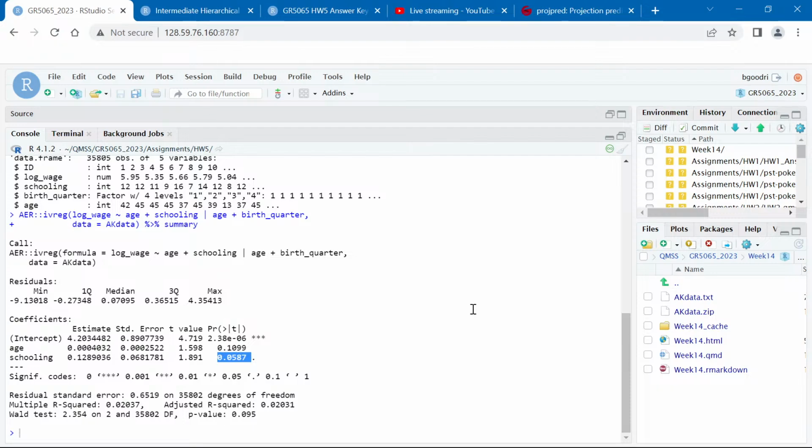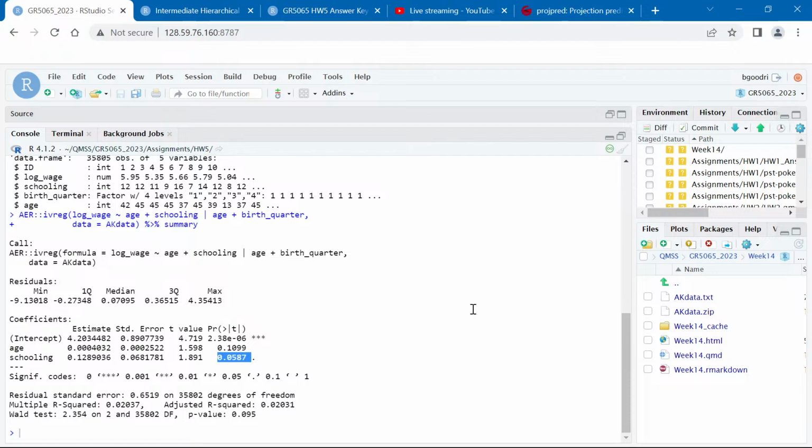But if we were really committed to this idea of controlling the type 1 error rate, we would fail to reject the null hypothesis that the causal effect of schooling is 0. And thus, we proceed as if the causal effect of an additional year of schooling is 0.